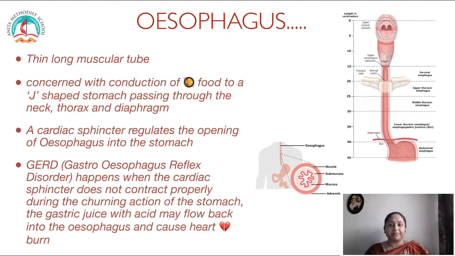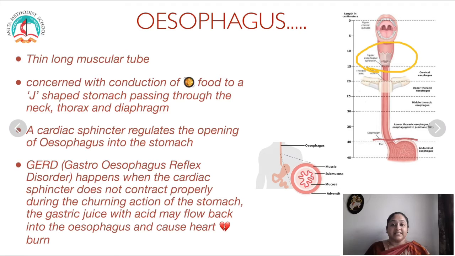So some people may have GERD. GERD is gastroesophageal reflux disorder, which happens when the cardiac sphincter does not contract properly during the churning action of the stomach. What happens? The gastric juice with acid may flow back into the esophagus and it causes heartburn.